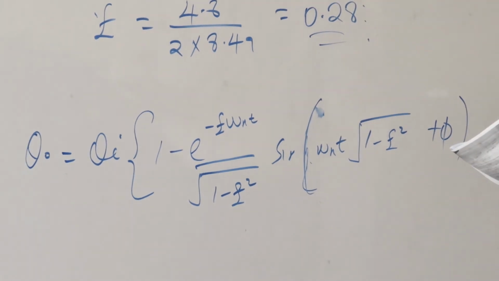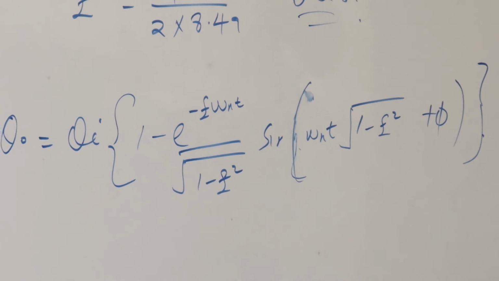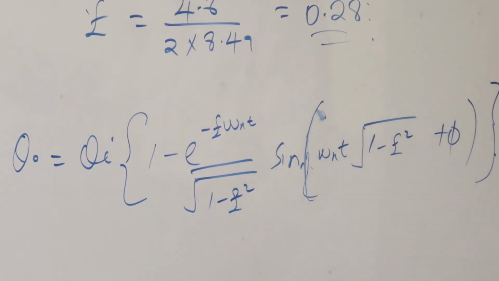Then we close the bigger bracket. This is what we will slot the values into in order to give us the response of the system.